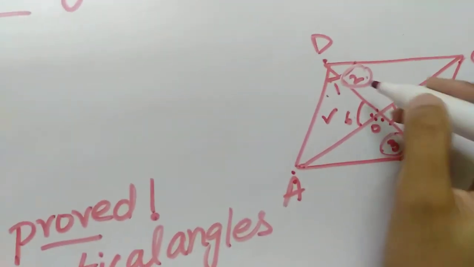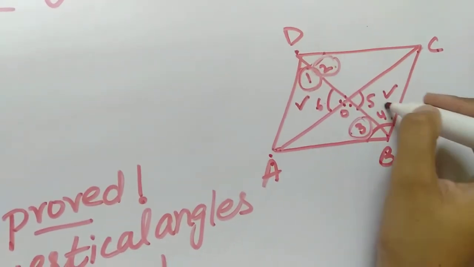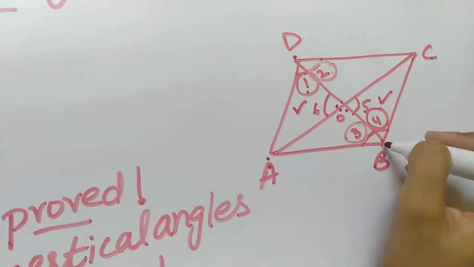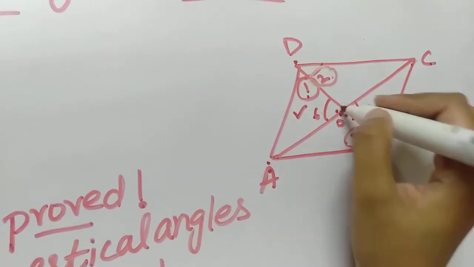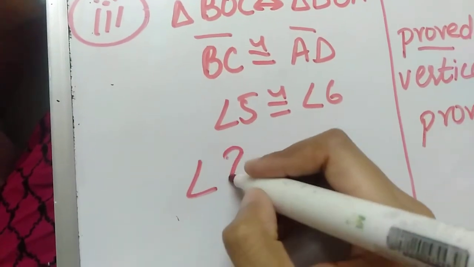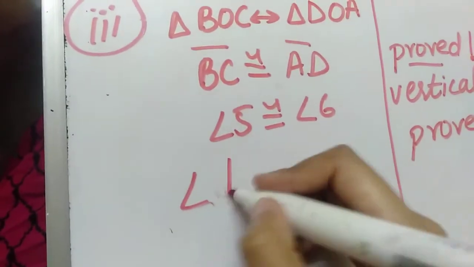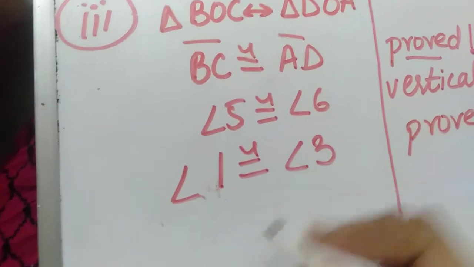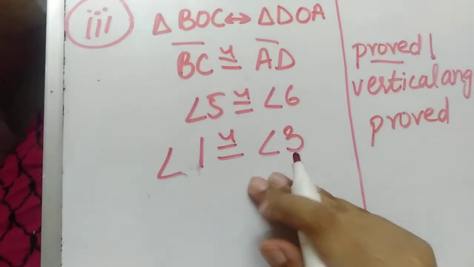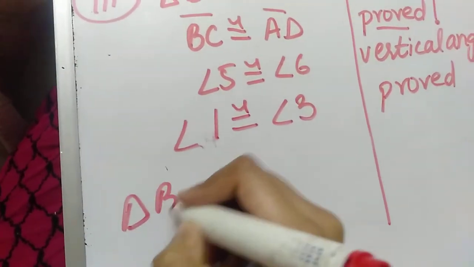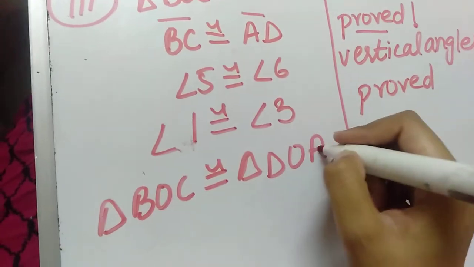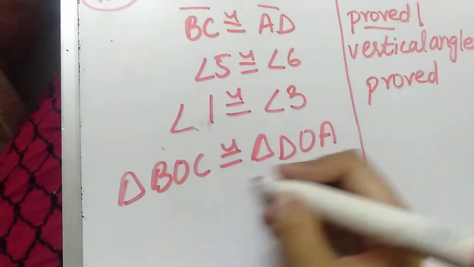We will write angle 1 and angle 4, because in AOD we have angle 1 and in triangle BOC we have angle 4. So angle 1 is congruent to angle 4. Now this point is already proved here. So now triangle BOC is congruent to triangle DOA. So we will make the triangles congruent.